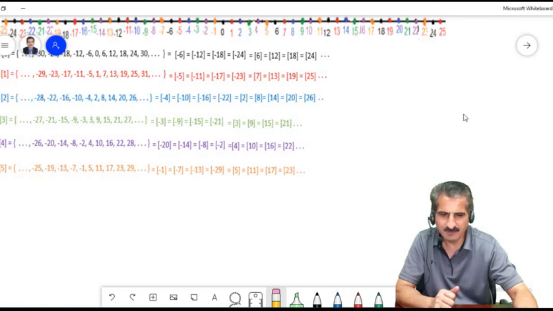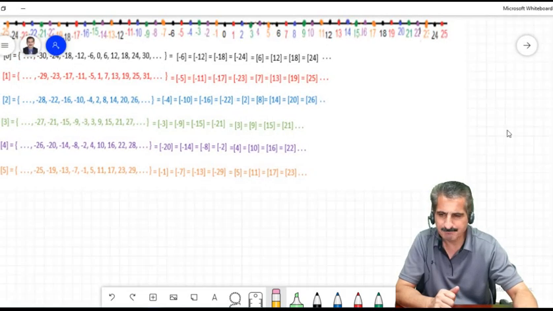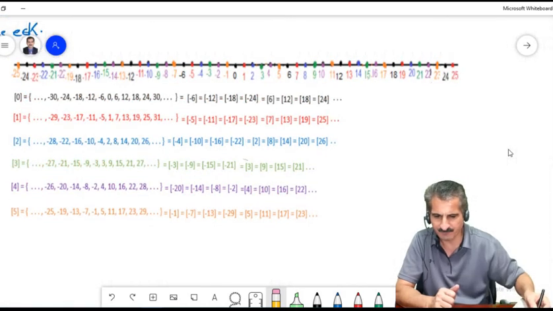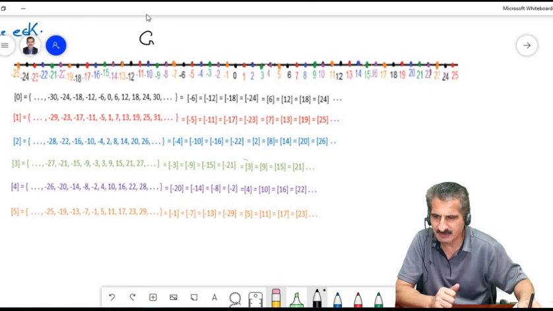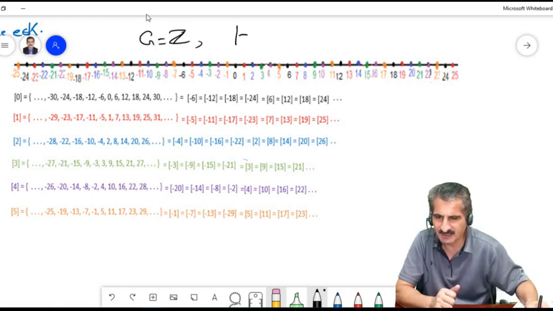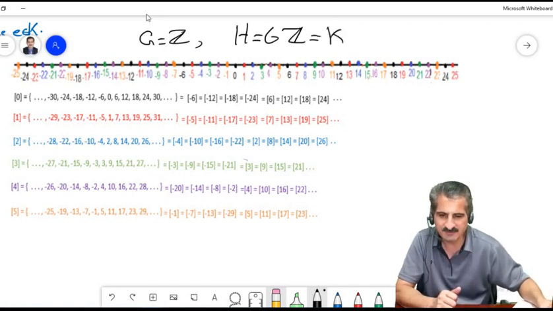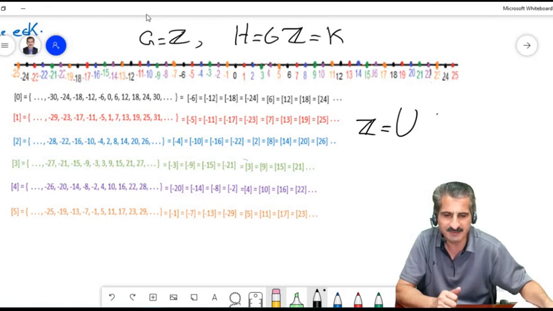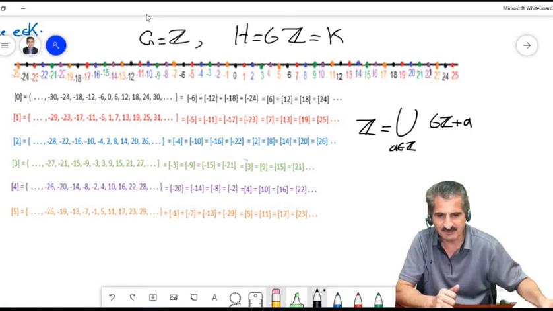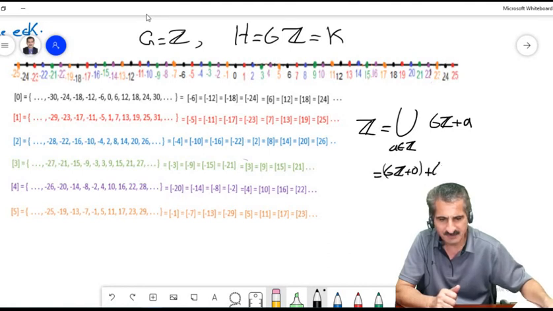In here we were working with the group G to be the integers, and the H here was 6Z, which we call sometimes X and sometimes K. Now Z is simply the union of the right cosets written this way, where A is an integer that belongs to Z, and this came out to be 6Z plus 0, the first coset, and 6Z plus 1, and all the way till we reach 6Z plus 5.